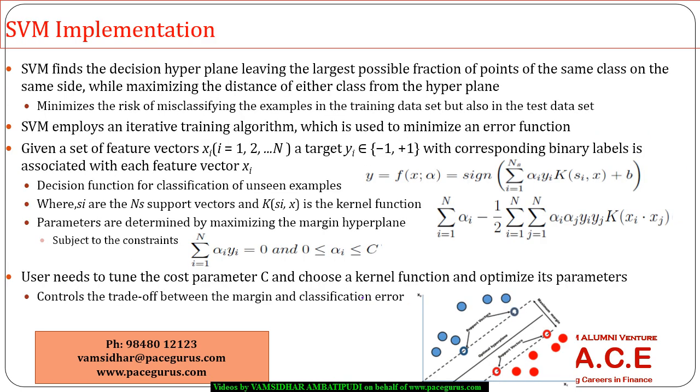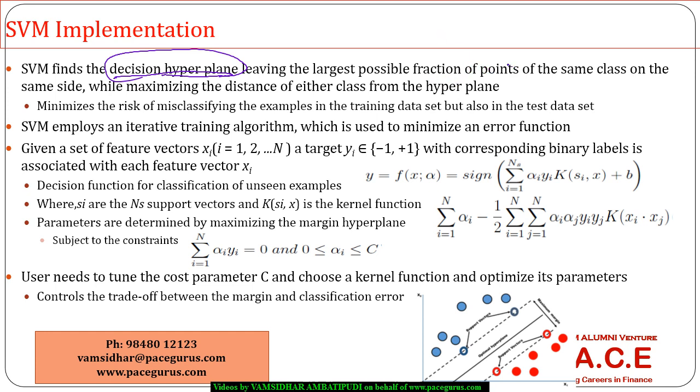When it comes to the implementation part, of course, we are not getting too much into the mathematics of it. By now, you should have got clarity on how the support vector machine typically works. So process-wise, the support vector machine is trying to identify that decision hyperplane which is separating the largest gap, right?